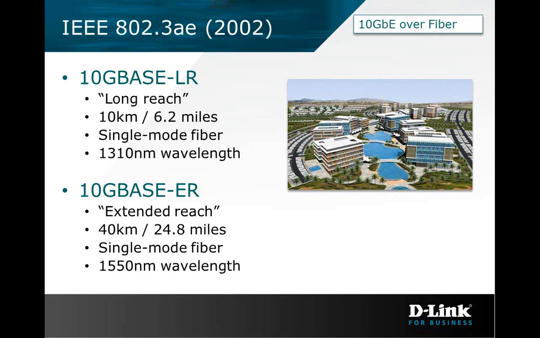But in a business environment, certainly on a university campus or a large office park where we want to go 10 gig from building to building and we're going under parking lots and whatnot, then I can see the need for single mode fiber as well, for 10G base LR here. So as I mentioned earlier, here at D-Link we do see requirements for single mode as well, especially 10G base LR.